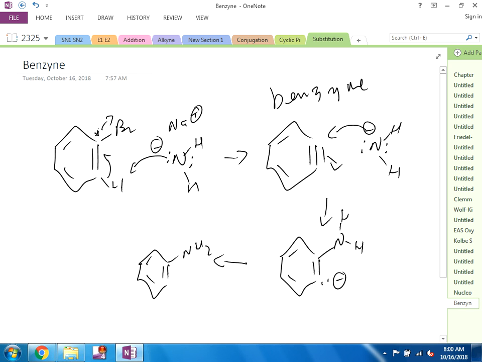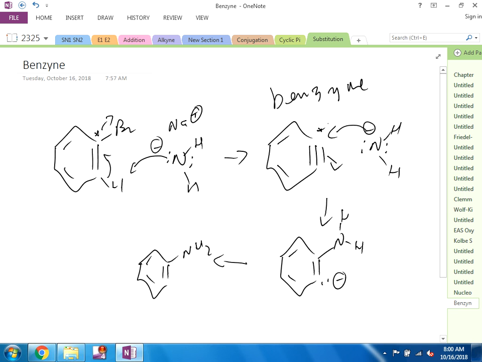Then let's see. If we follow the mechanism, we would get to here, right? In this case, I went ahead and added the nitrogen to where the label was. But if we did form a benzyne, there's nothing to stop the nitrogen from reacting to the other carbon if there is really triple bond character to this.